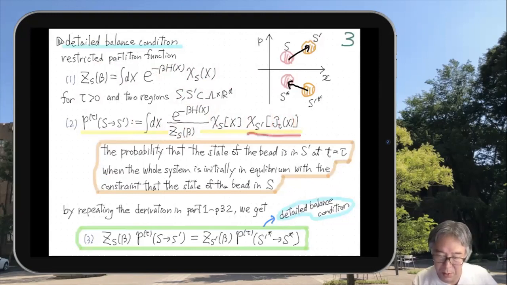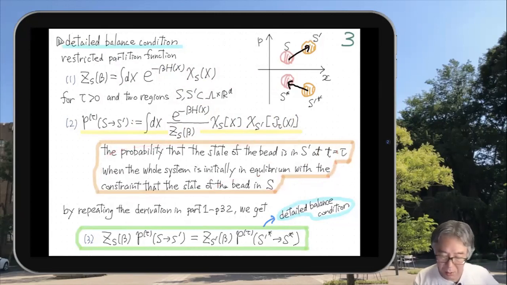But this says that the phase space point of the Brownian particle at time tau is in this phase space region S prime. So you start from S and it goes to S prime. This is the probability that the state of the bead in S is in S prime at final time tau, provided that the whole system is initially in equilibrium with the constraint that the state of the bead is in S. This is the meaning.